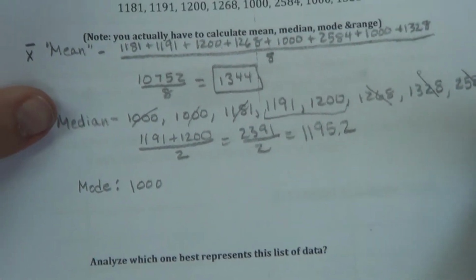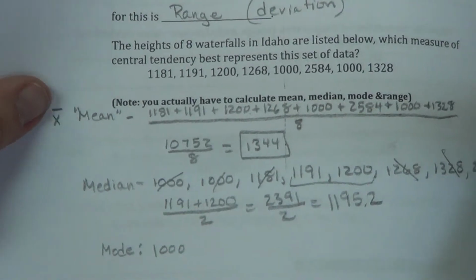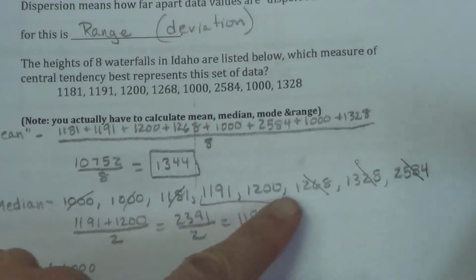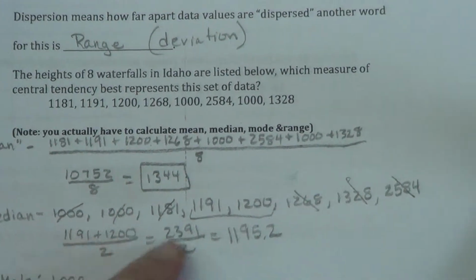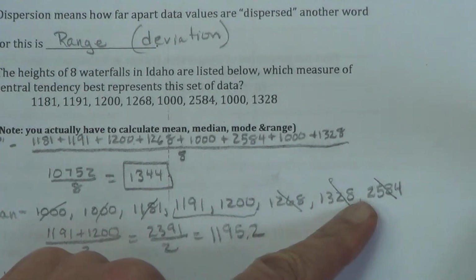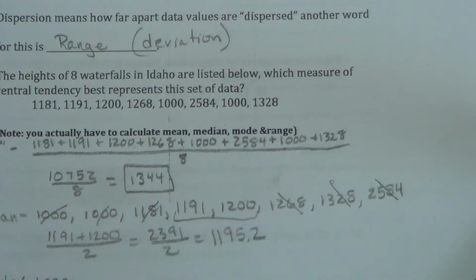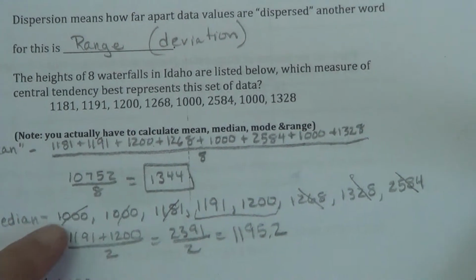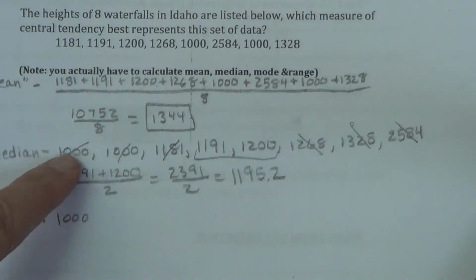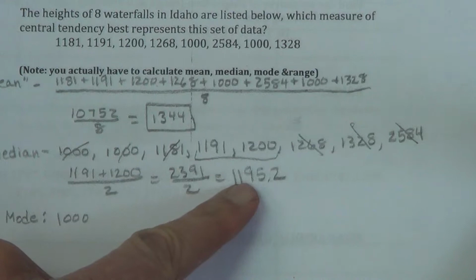So which of these best represents this data? The mean being 1,344. Well, if we look at it in this sense, where they're in order, 1,344 is clear up on this end. So the mean's not a real good representation of all this data. The mode is way down on this end. It's not a real good representation. And the median is 1195.